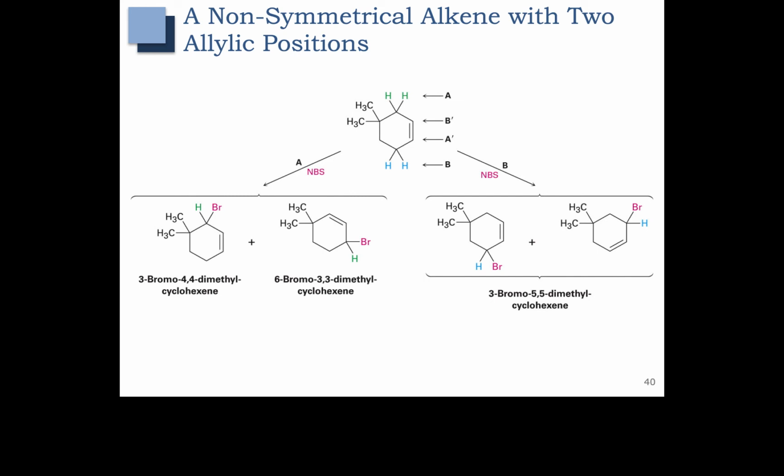Here's one more example. We can see that either the green hydrogens can react or the blue hydrogens can react, and each of those have possible resonance structures. Let's draw that out. And that radical there leads to this first product on the left.